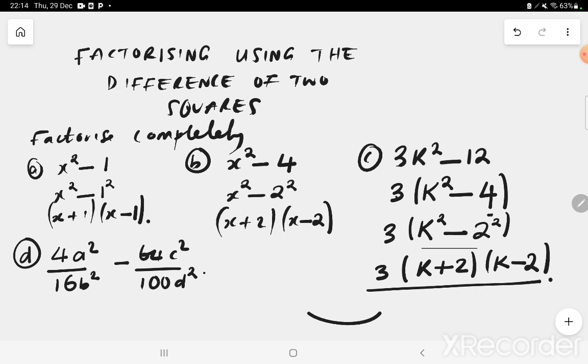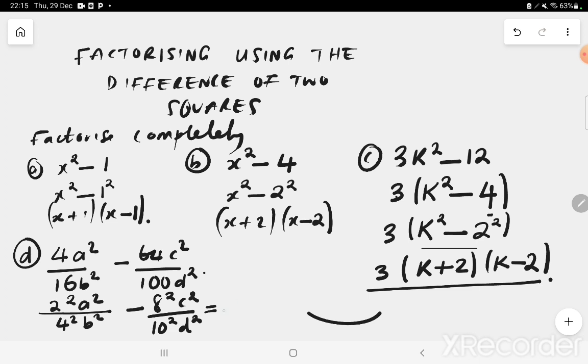So the square root of 4 is 2, so this will be 2 squared a squared over the square root of 16, which is 4, so 4 squared b squared, minus the square root of 64, which is 8, so 8 to the power 2 c to the power 2 divided by 10 squared d squared. Now that this has become a difference of 2 squares, we can easily factorize.